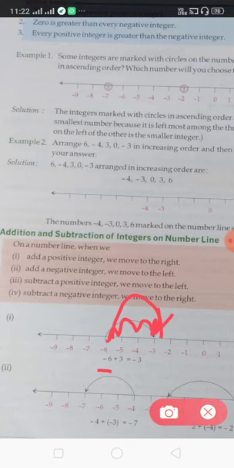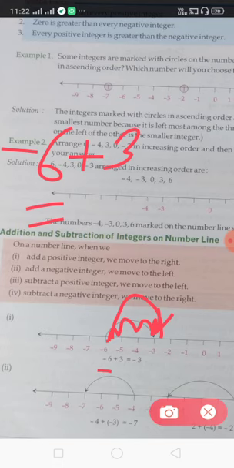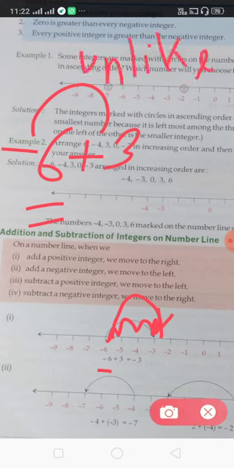Okay, and in other words I have also told you how we will do -6 plus +3. When the signs are different, these are unlike signs because the signs are not the same: one is plus, the other is minus. If unlike signs, then you find the difference. The difference of 6 and 3: 6 minus 3 you will get 3.